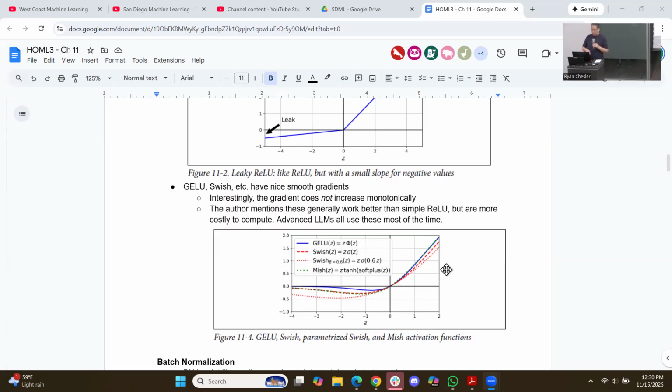Okay. And so that means that the derivative is also nice and continuous, and so it doesn't have any big jumps, and because it's continuous, it's very predictable. It doesn't have any weird jumps in it. And so you get smooth progress.